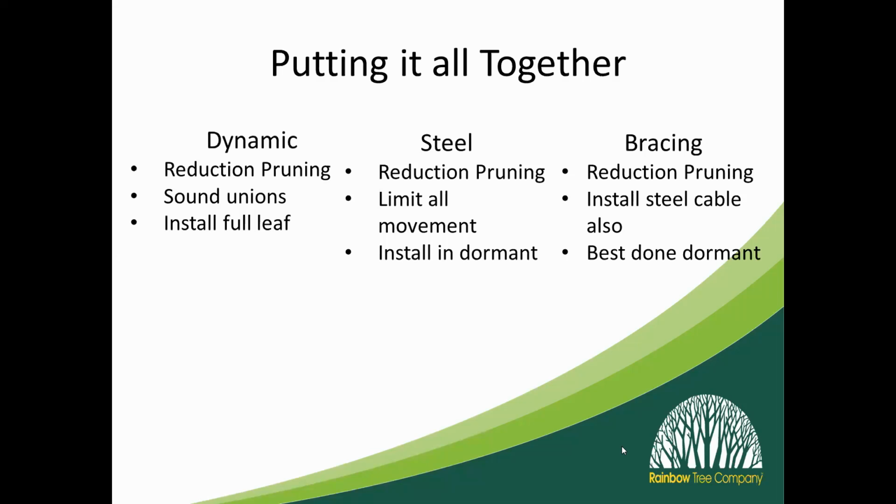Beyond that, dynamic, then steel, because now we're getting into a reactive portion: the inclusion's too big, it's starting to peel apart, there may be decay in that union, there's a defect. Then bracing is when it's pulled apart and we're just trying to fix that section. That's how I see it, like steps down that road.